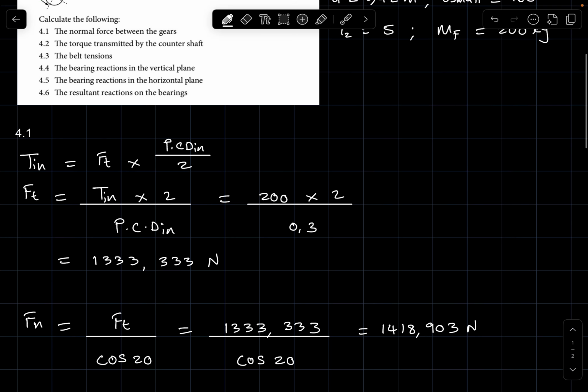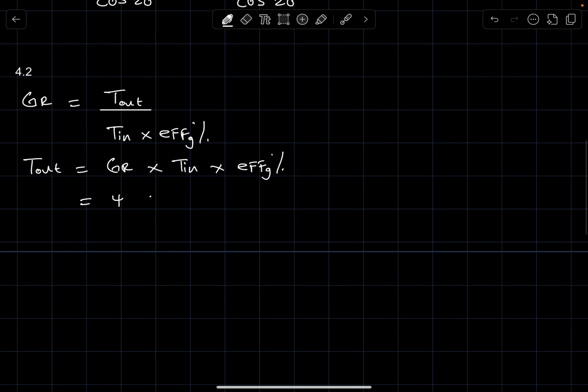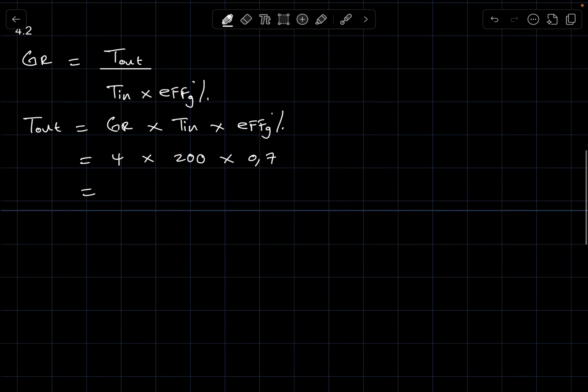The gear ratio is given to us as 4, so that's 4. Input torque, remember, is 200 Newton meters. Efficiency 70%, so 0.7. If you punch this in our calculators, we get 560 Newton meters, and that becomes our output torque.